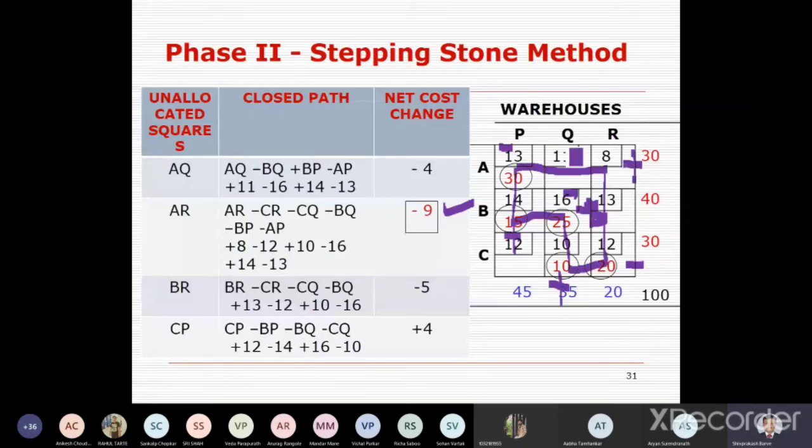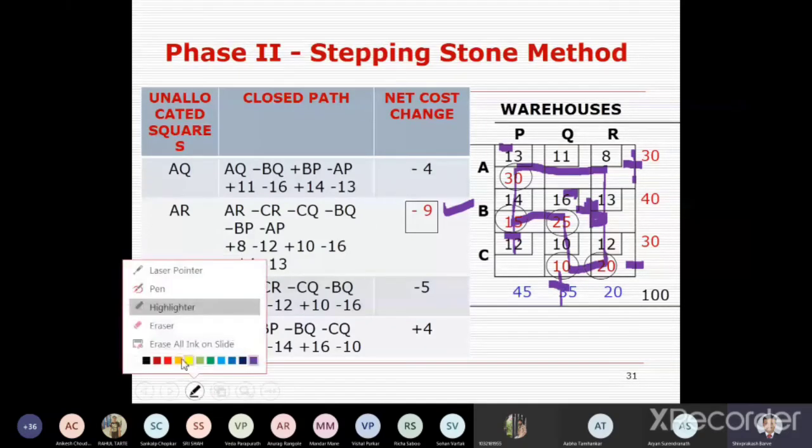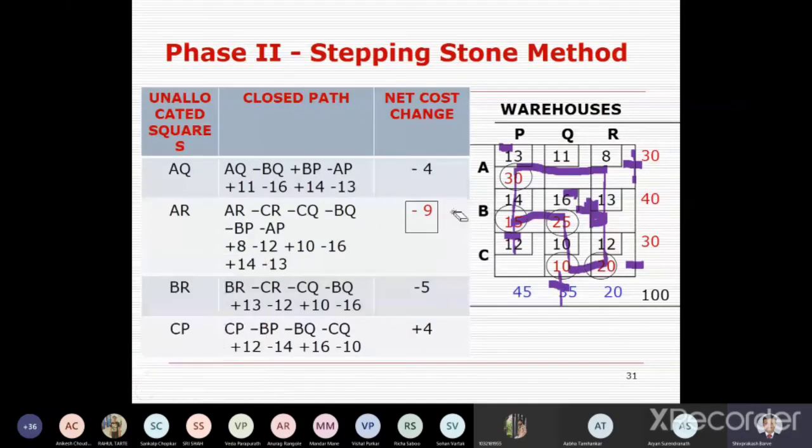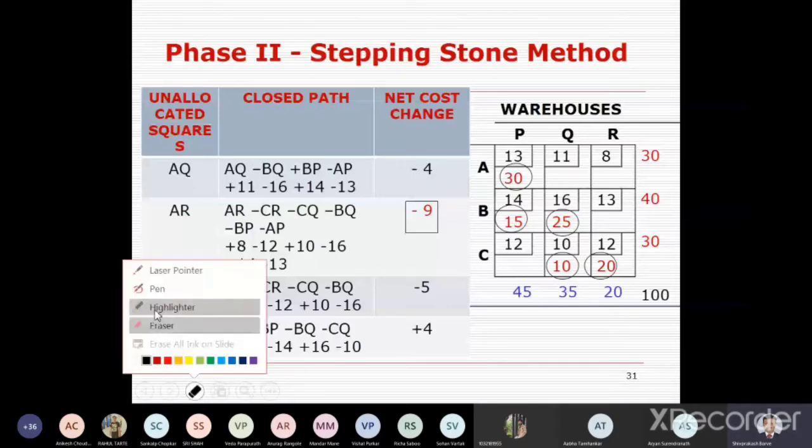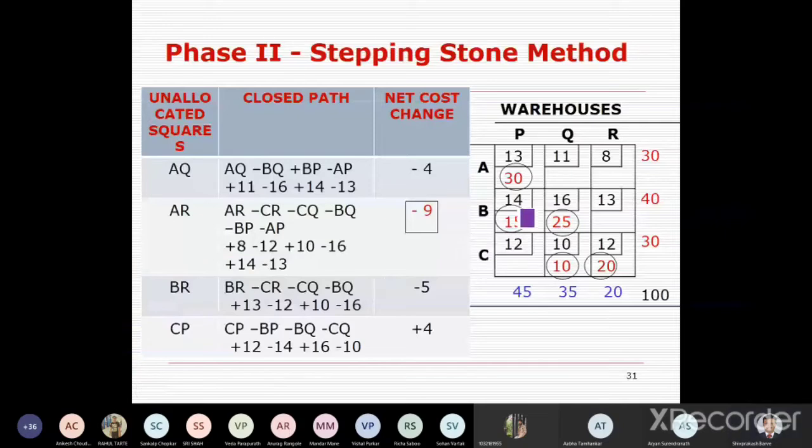So it indicates that. And for BR, now you see, I want to repeat the same procedure at BR. At BR, mark here plus, and here easily you can make a square or a loop.